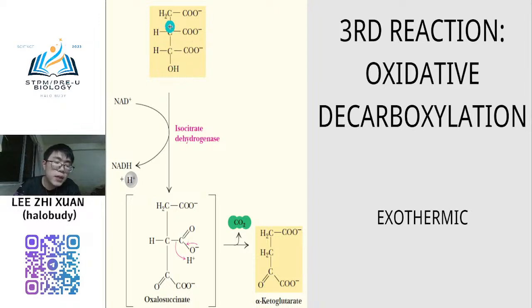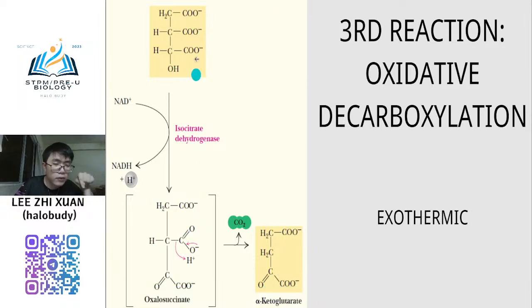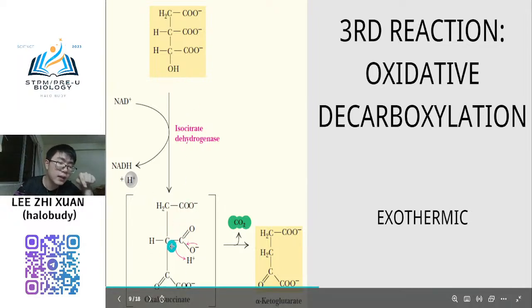Next reaction is isocitrate will undergo oxidative decarboxylation to form alpha-ketoglutarate. If you see this book, this process actually also has an intermediate called oxalosuccinate. This is the book mentioned in Pelangi.